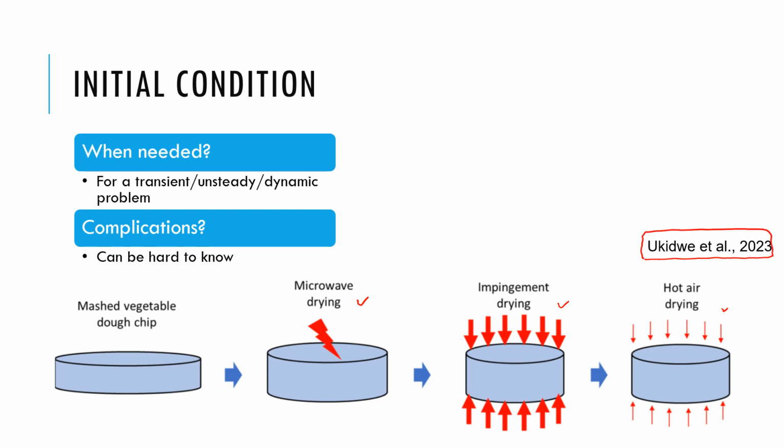So you notice that, let's say I have a model for microwave drying for which we just use some uniform initial moisture content. But then for the impingement drying, we need to include what the moisture is at the end of microwave drying.